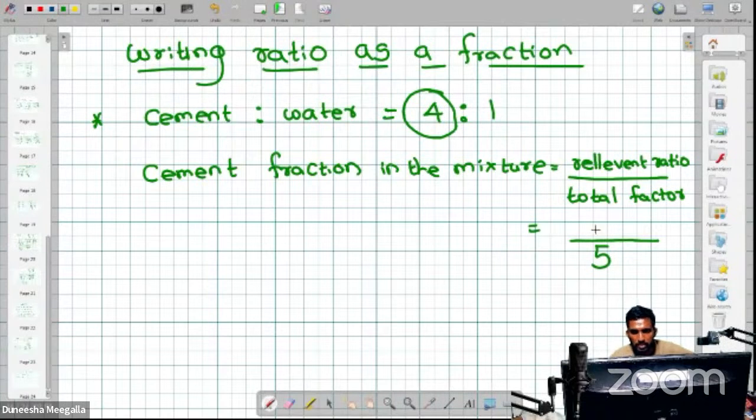How much is the fraction of cement in the mixture? If we take 5 parts of the mixture, 4 parts are cement. So 4/5 is cement. Then water fraction in the mixture.